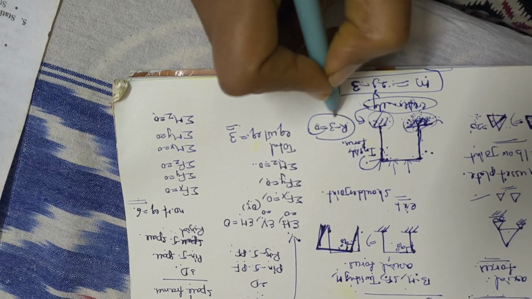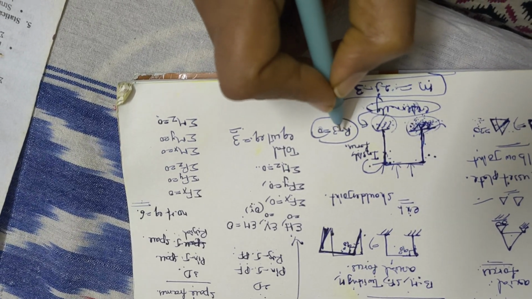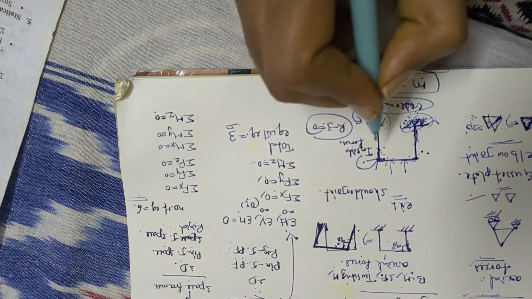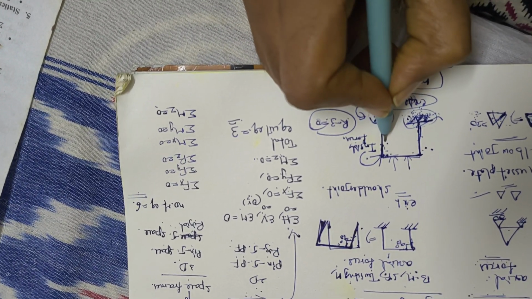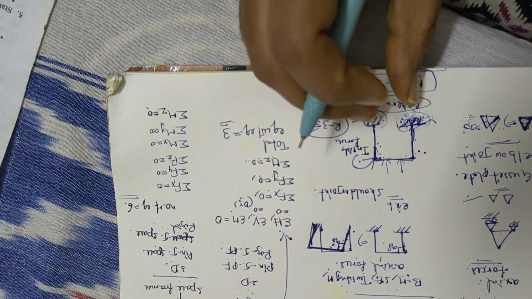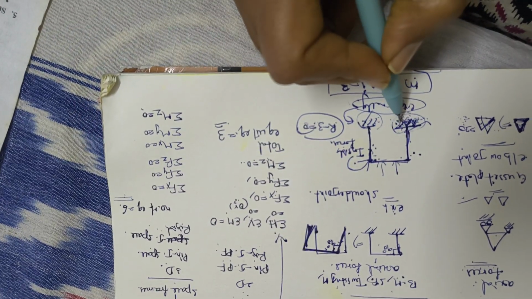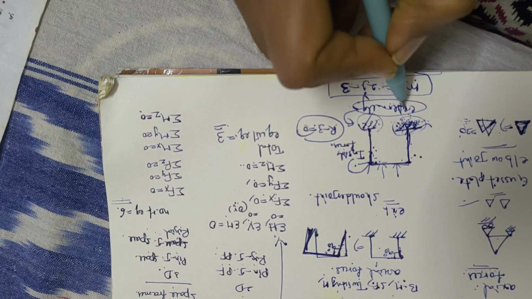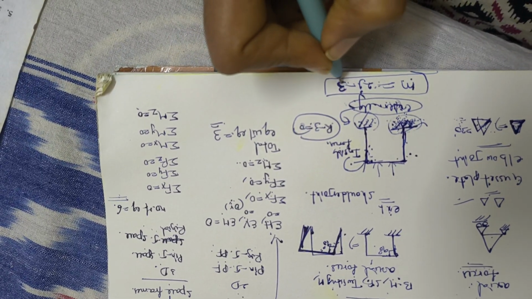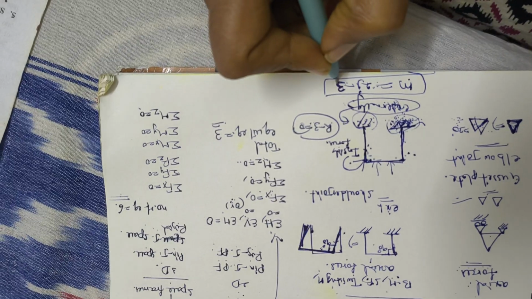Suppose it is satisfying this relation. Then for this kind of structure, we can easily check the stability of the structure, external side and also internal side, with the help of satisfied equilibrium equations.